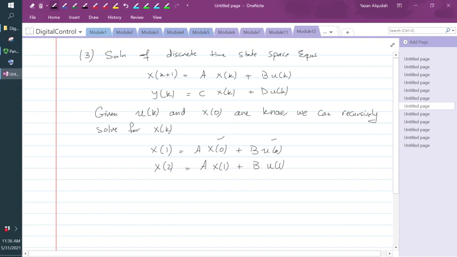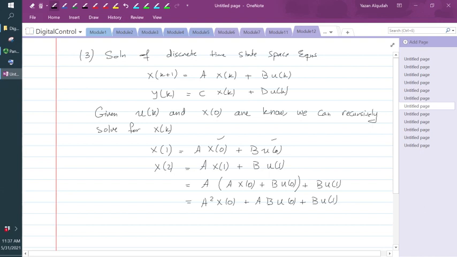But x of 1 I just calculated in the first equation, so I can substitute. X of 1 is a x of 0 plus b u of 0, plus b u of 1. And therefore, this is going to equal a squared x of 0 plus a multiplied by b, u of 0, plus b multiplied by u of 1.